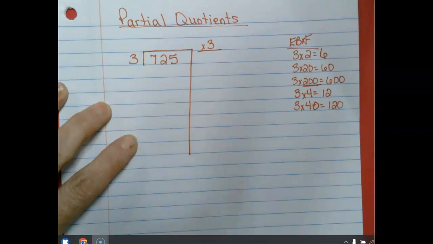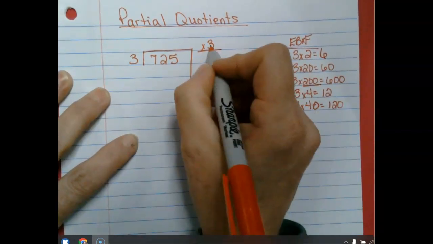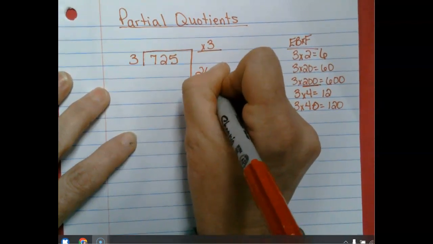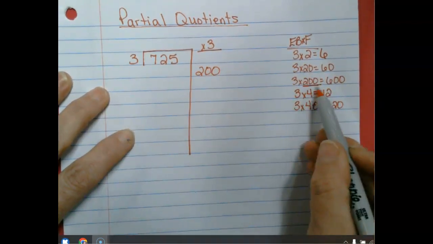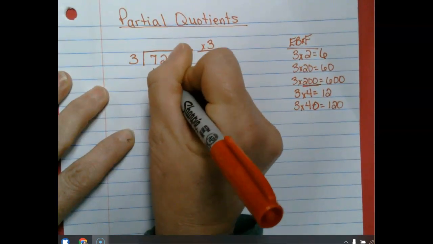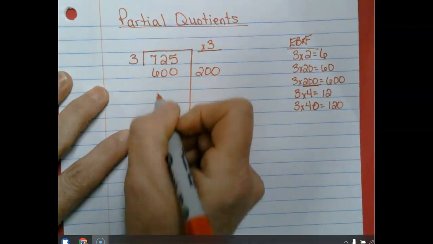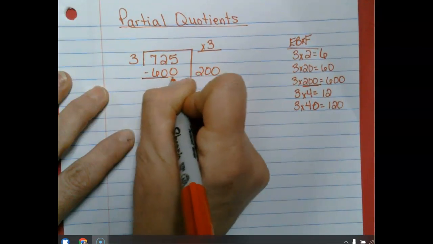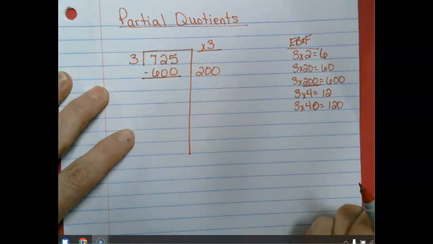So I'm going to write that up there just to help me remember that, okay? So 200 times 3, so I'm going to put my 200 here. 200 times 3 is going to be 600. So I'm going to put that right there under my 725, and I'm going to subtract.